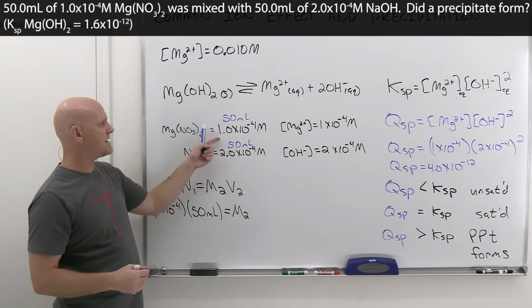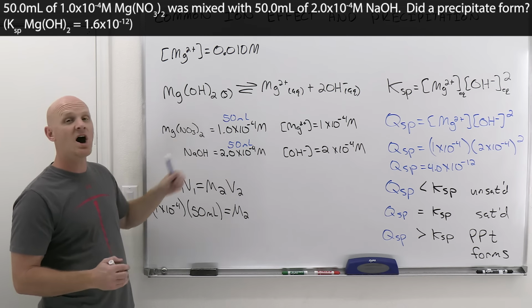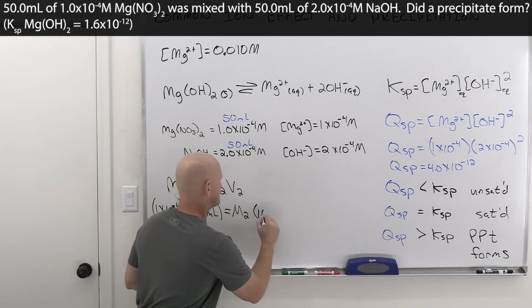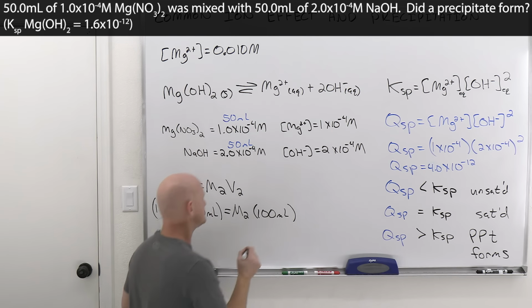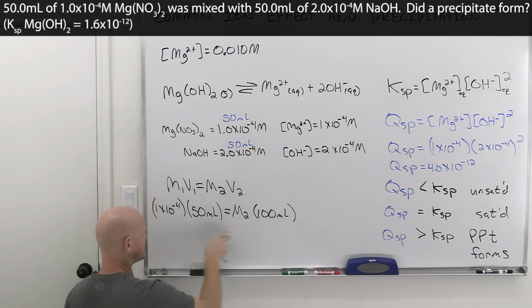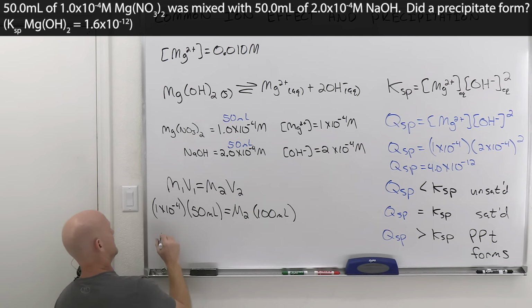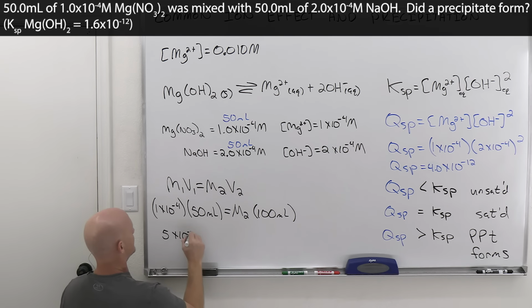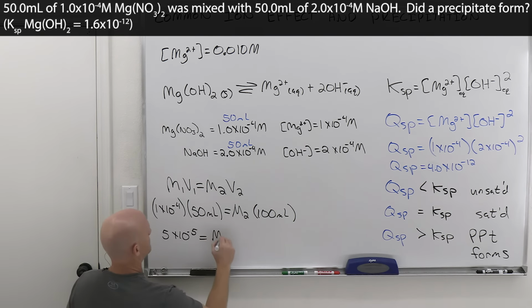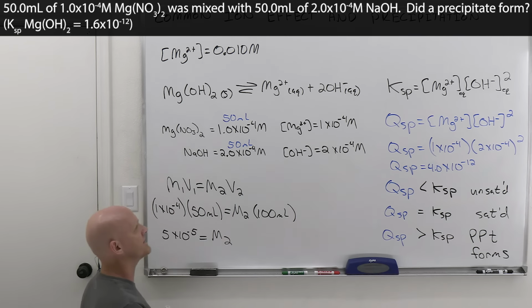And the final volume after mixing is a total of 50 plus 50, 100 milliliters. And solving for M2, we'll divide through by 100, and 1 times 10 to the minus 4 times 50 over 100 is essentially 1 times 10 to the minus 4 times a half. And that's going to get us 5 times 10 to the negative 5, equal to our final molarity in the solution.